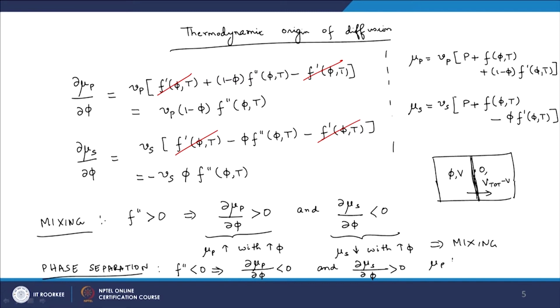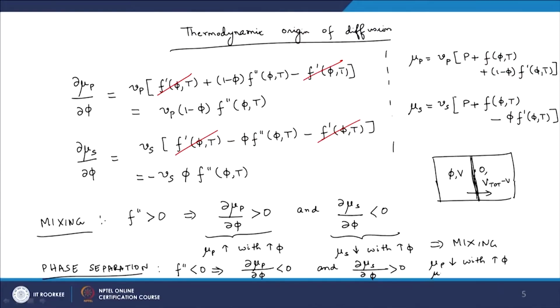Now, it means that mu p decreases with increasing phi. So, if mu p is decreasing with increasing phi, then the concentrated solution will prefer remaining concentrated, it will not like to be dilute. On the other hand, mu s is actually increasing with increasing phi. So, the pure solvent will prefer remaining pure solvent, because when it mixes with the solute, the volume fraction increases and the chemical potential also increases.